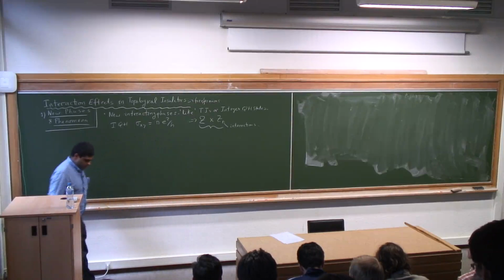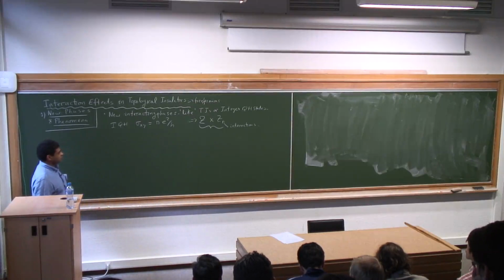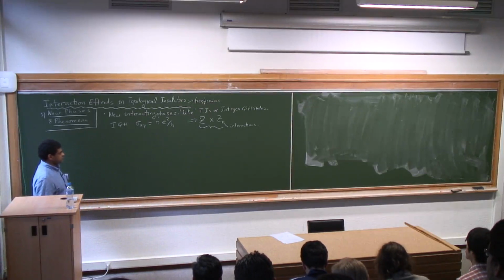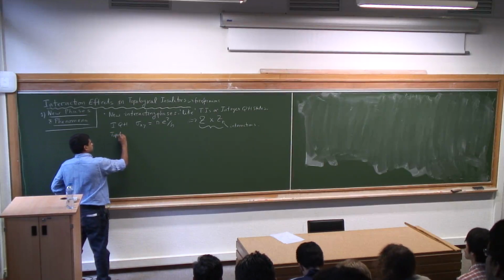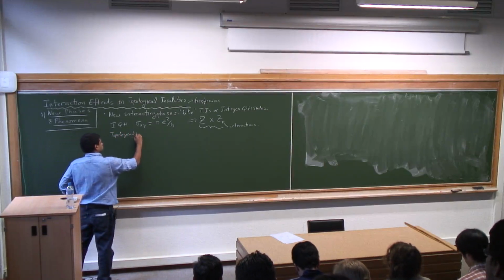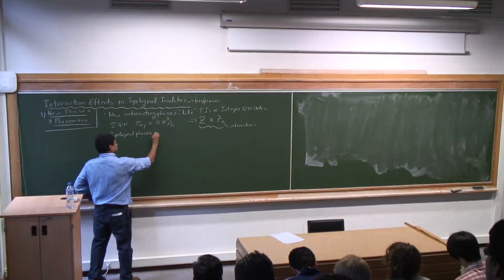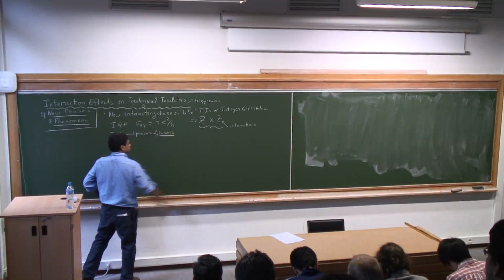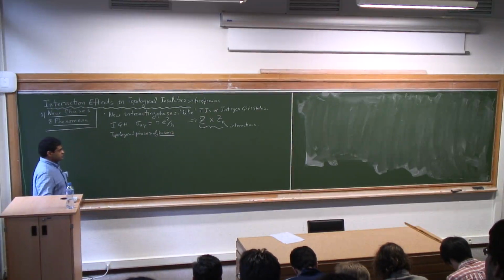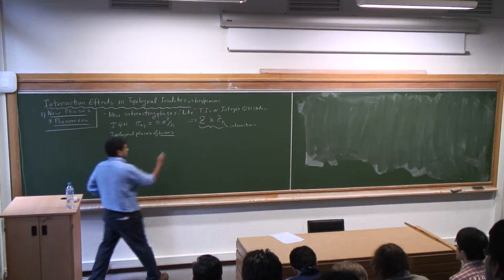Okay, so we'll try to work our way towards this result, and the way we'll do that is to take what seems to be a bit of a diversion. We'll actually think about topological phases of bosons. Okay, and for the purpose of this talk, I won't really distinguish a boson very much from a spin.